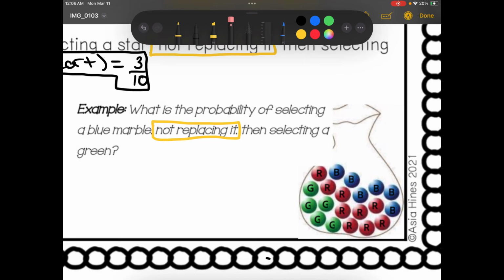First thing we have to do, I'm going to write out my probability statement. Probability of blue, then green. What is that going to be? First thing we're going to look for is the probability of getting blue. So I have to count. First, I need to count how many marbles are in the bag. So we are going to count how many marbles are in this bag.